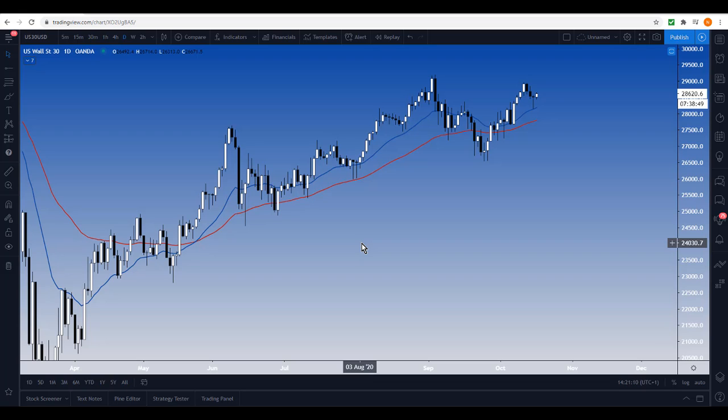So that is a rule I would stick by for indices. Just look for buy setups after we've had a pullback and we start to see buyers come in again. You get some kind of price confirmation that those buyers are coming in. So just looking at it right now, I've still got those 50 and the 20 EMA on. We'll just leave them on.